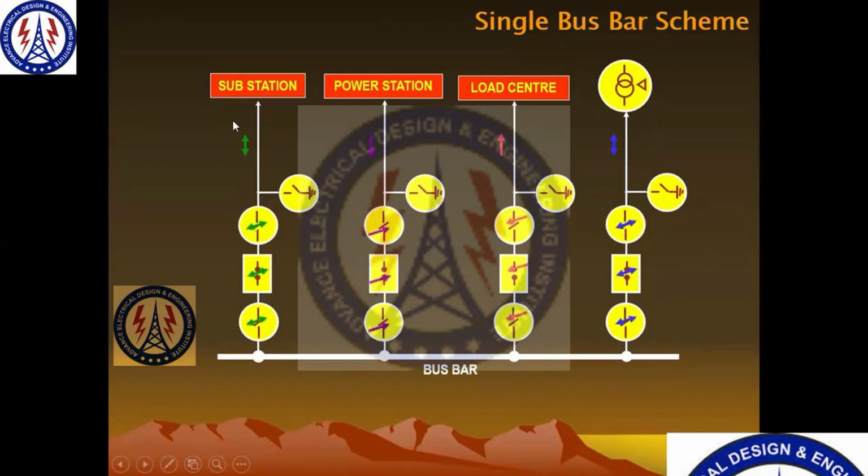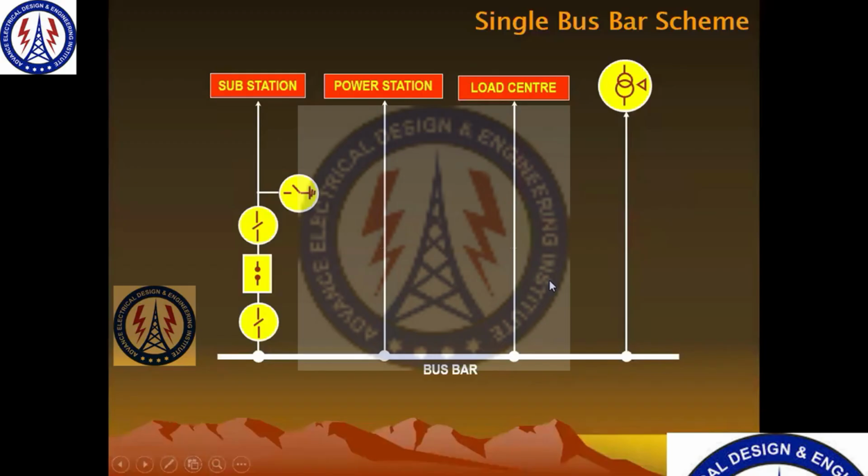On the last feeder, we can take the power and receive the power. This one is taking the power, this one is giving the power. Here also we can take and receive the power with this feeder. So our system is healthy right now. As you can see, the system is completely healthy, working in a healthy condition.